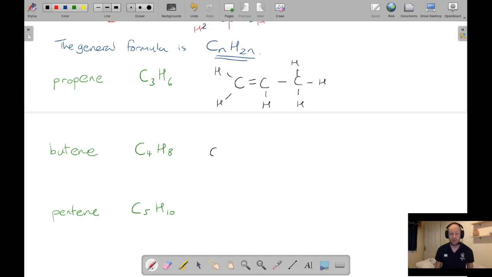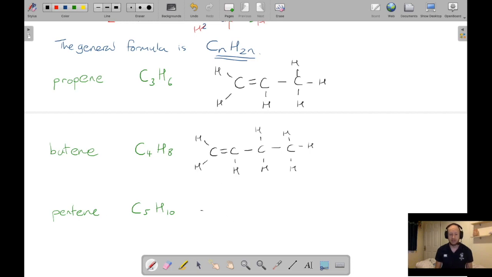Butene, again, C, double bond, C, C. This one, only 1 bond, that can be 3 hydrogens. Here, 2 bonds, 2 hydrogens. Here, 3 bonds, 1 hydrogen. Here, 2 bonds, 2 hydrogens.